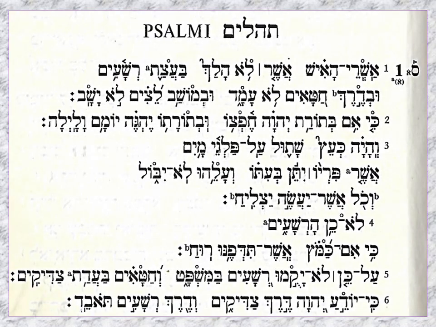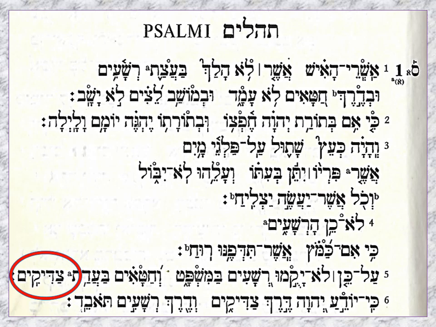Let's take a look at some more examples here from Psalm 1. This is the last word of verse 5. Here we see a tsade with a patach, followed by a dalet with a dagesh forte, then a hireq yod, followed by a qof with a hireq yod, followed by a final form mem.